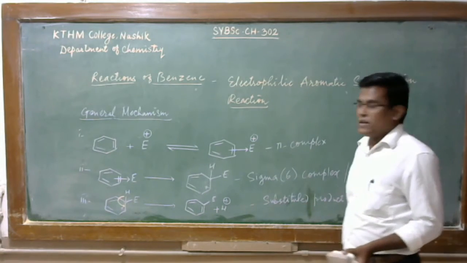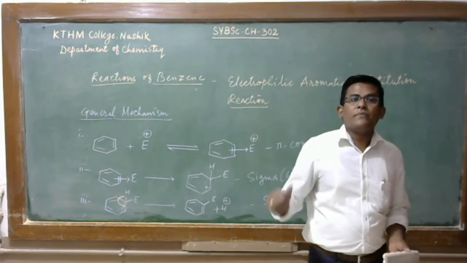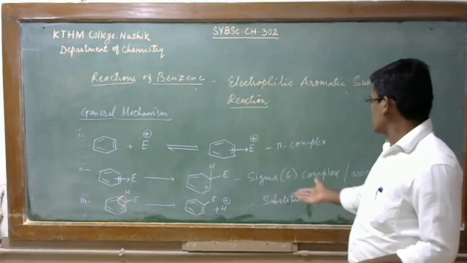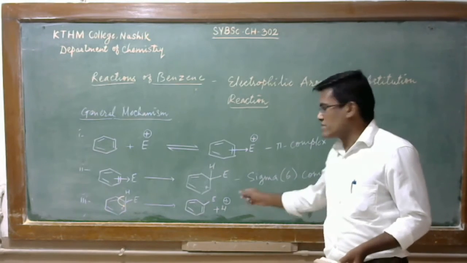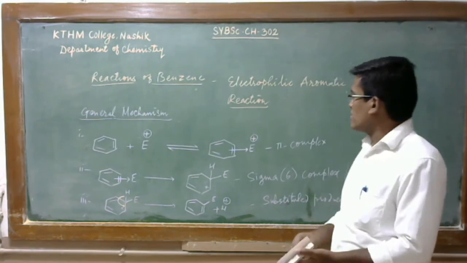In the final step, that is the third step, the hydrogen will eliminate to give the substituted product along with H plus. So this is how this reaction will undergo.